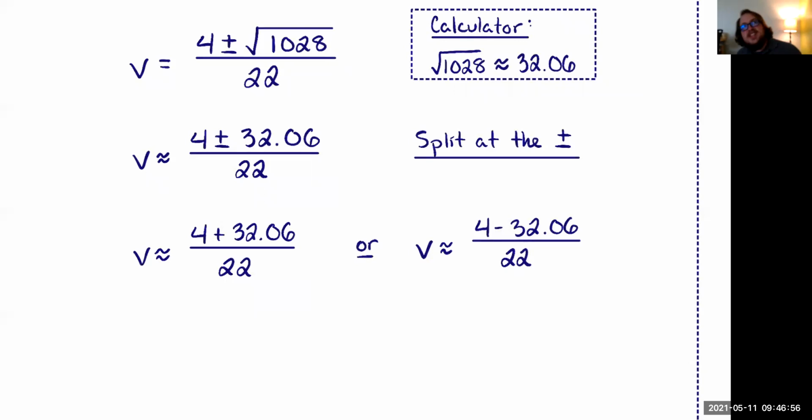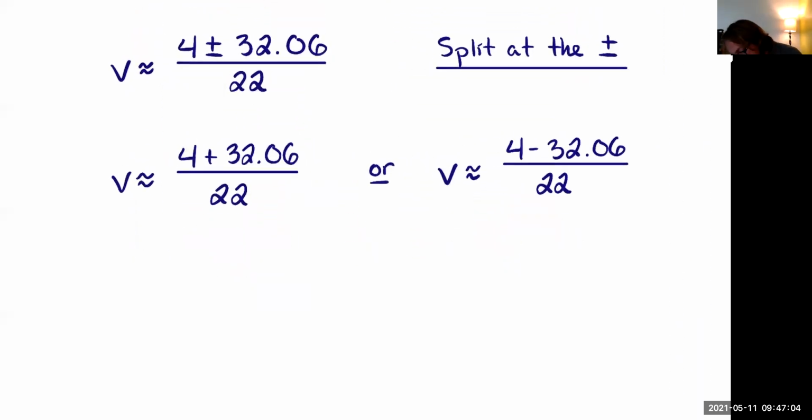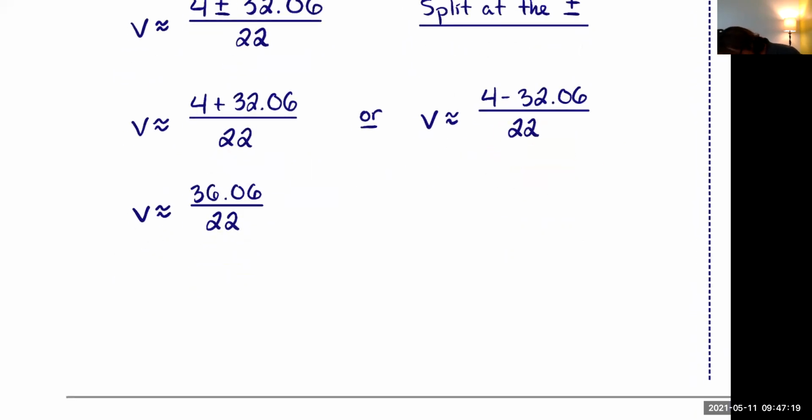Once we get to the split, then it's just a matter of some quick arithmetic. Calculator would be a good thing to kind of help us through here. So if I start here on the left, what's 4 plus 32.06? And then when you divide that by the 22, 1.63. Okay.